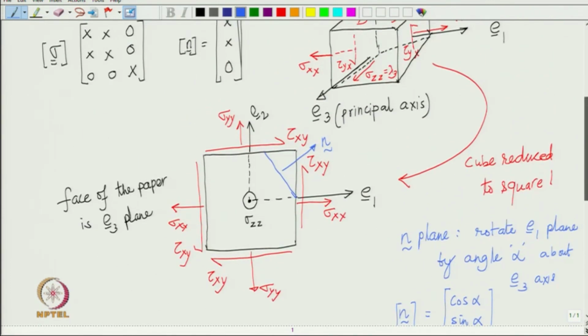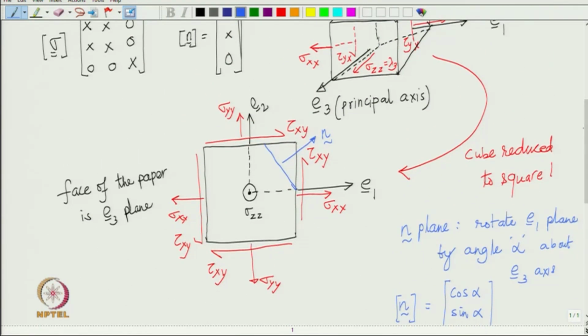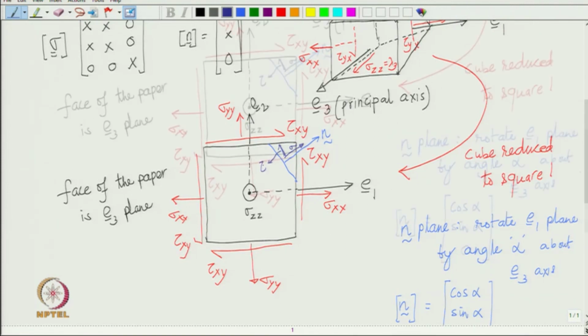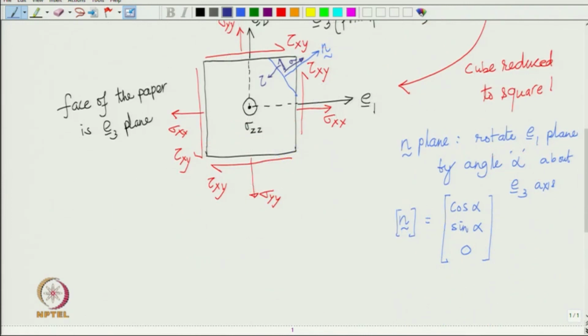and I want to find out the sigma and tau on this plane. So, my goal is to get sigma and tau. So, that is your sigma and this is tau, and look at the direction of tau.